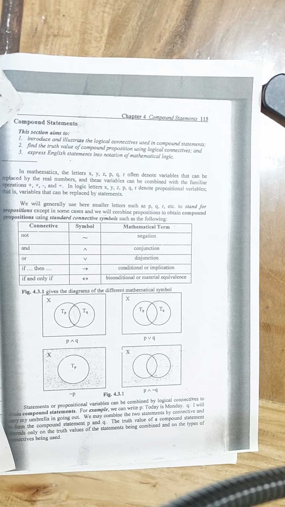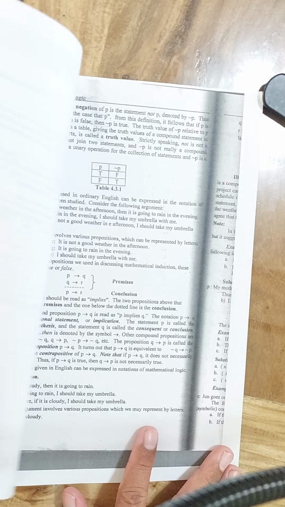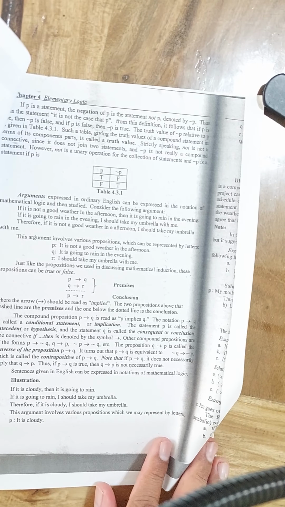Contrapositive. But contrapositive is P implies Q equal to not Q implies not P. Okay, that is the contrapositive. Wala na appeal. Here.